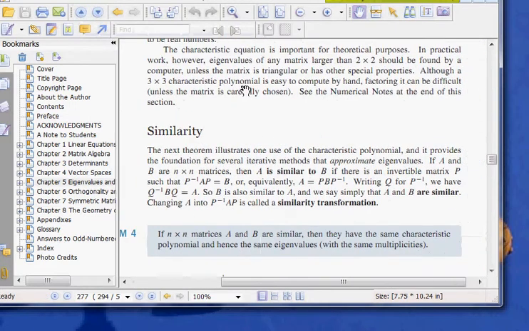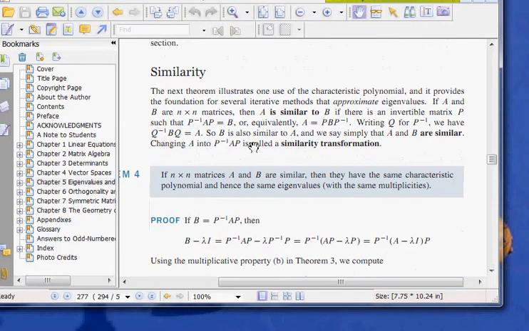So now we come to the concept of similarity. So let me read this. A is similar to B if there is an invertible matrix P such that the inverse of P times A times P equals B, or equivalently A equals P B times P inverse, okay? So that's just the definition. As confusing as it sounds, you have some matrix that satisfies this equation, which by default makes it also satisfy this equation right here.